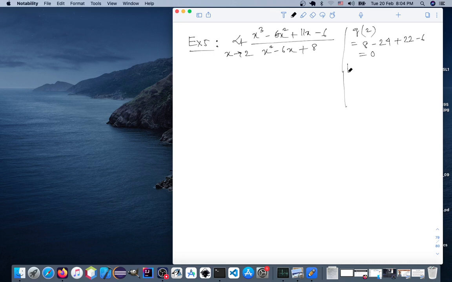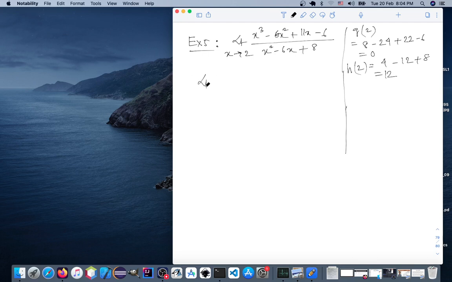And h(2) also is becoming 4 minus 12 plus 8 equals 0. So both numerator and denominator are becoming 0 at x equals 2. So it must have a factor x minus 2.